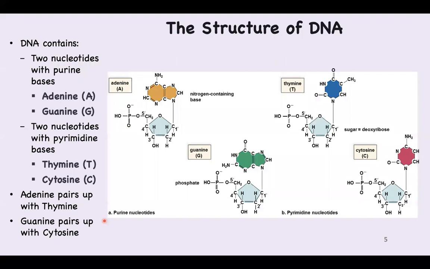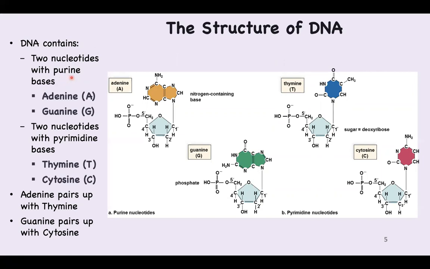Okay, so we go back to the basics for the structure of DNA. If you refer to page 211, you'll be able to see the nucleotide composition of DNA. DNA contains 2 nucleotides with purine base. Purine base is a double ring.